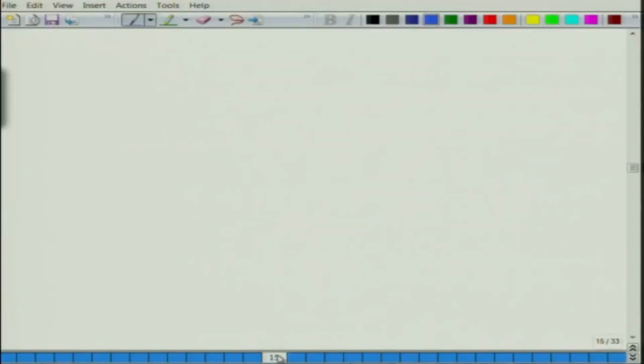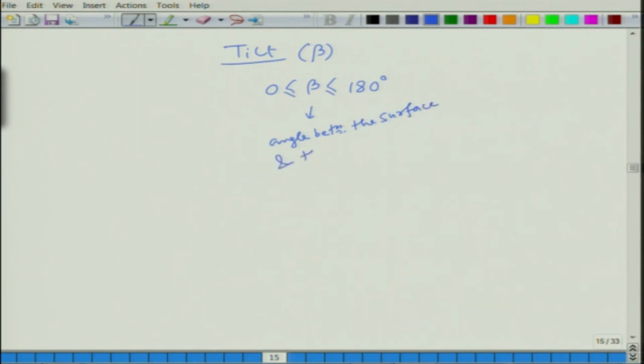Okay. So, let us look at other angles. Another important angle is the tilt angle, which is designated as beta, and it can have this particular range. The tilt angle tells you the angle between the surface and the horizontal plane.